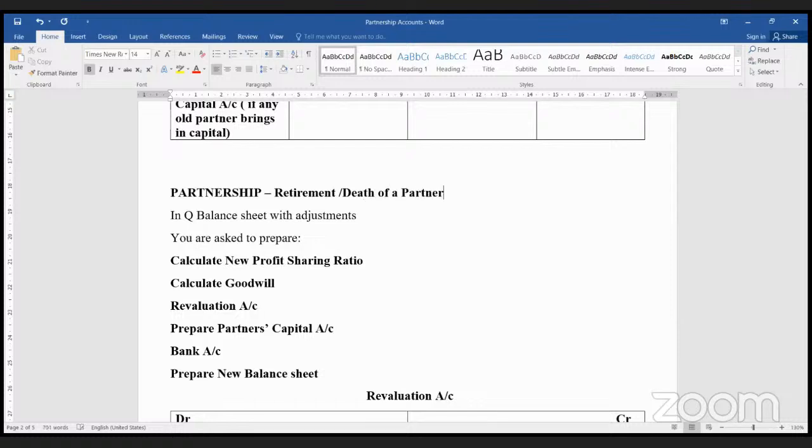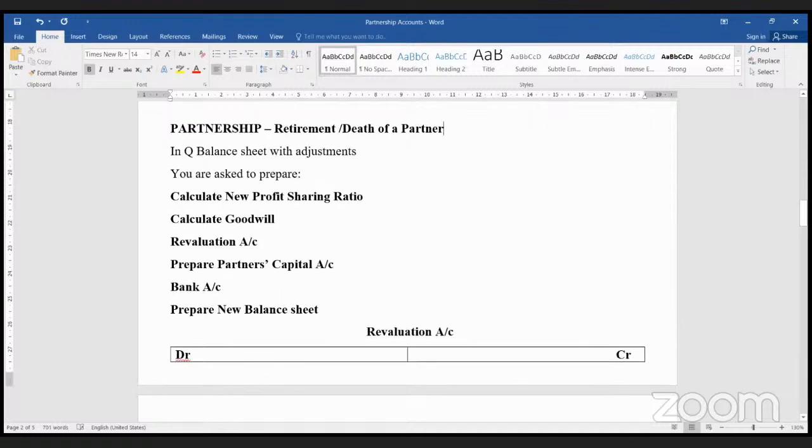So what is the difference? Here also you get the question balance with adjustments, and the information that the partner is retiring will be given to you, and you are supposed to calculate the new profit sharing ratio and the gaining ratio. Why gaining?